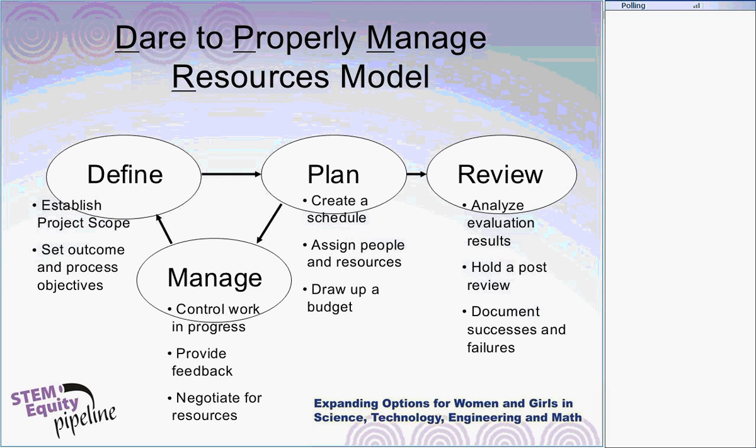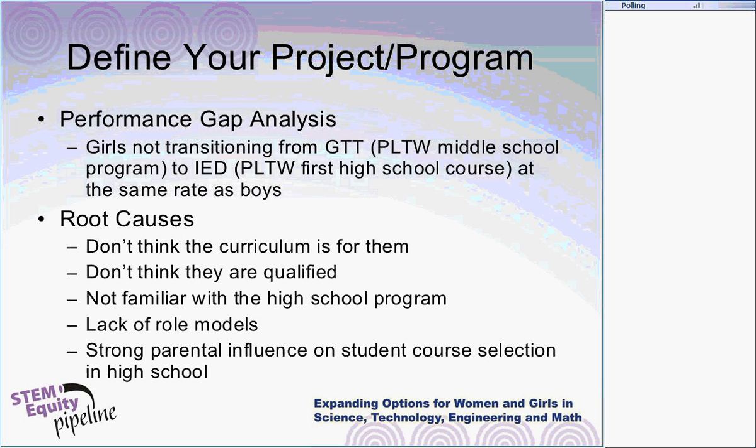Then we'll talk a little bit about how to manage that process, and then, of course, reviewing when you've completed the project in such a way that it feeds back into the cycle. So let's first look at defining: establishing project scope, and setting outcome and process objectives.